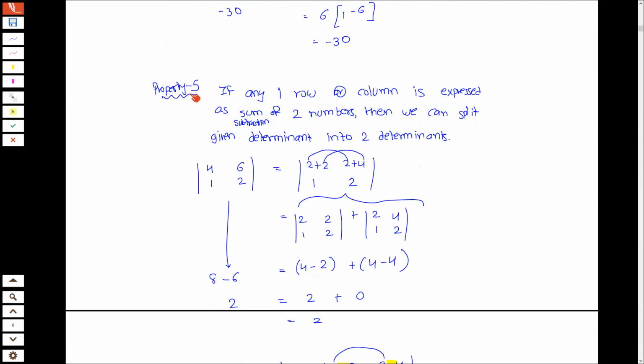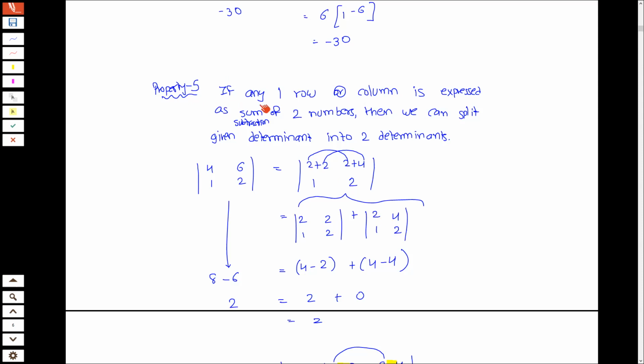Now look at property number 5. If any one row or column is expressed as addition or subtraction of two numbers, we can split the determinant into two parts. For example, if I have 4 and 6, I can write 2 plus 2, 2 plus 4. So I can have two separate determinants.